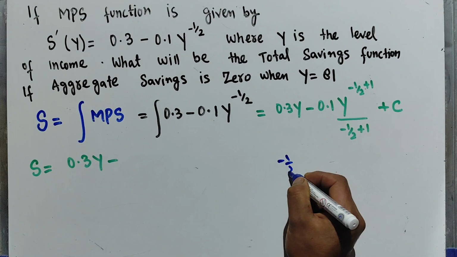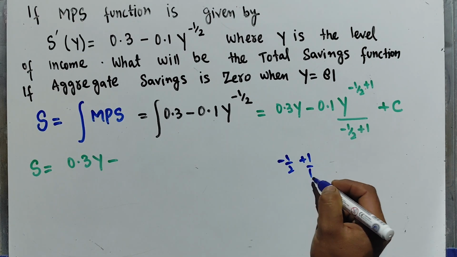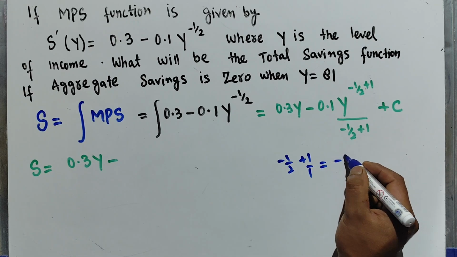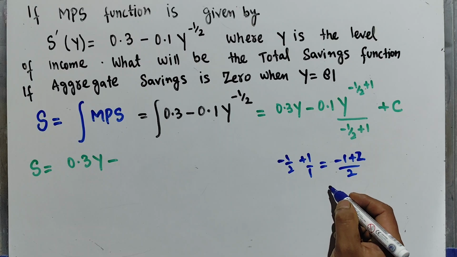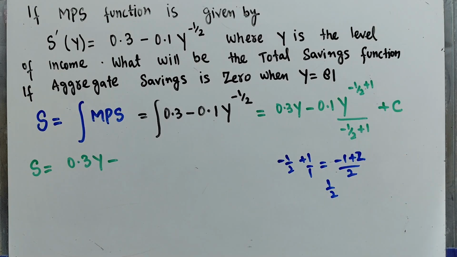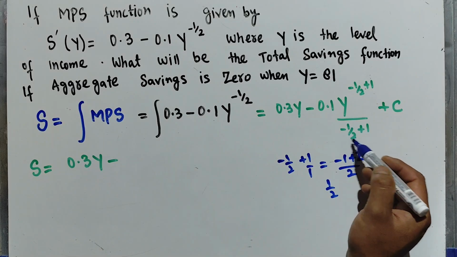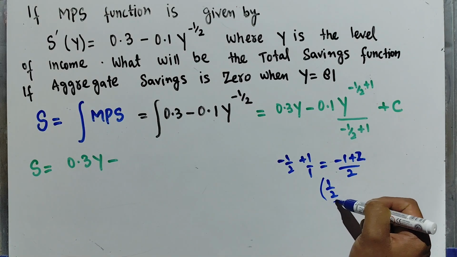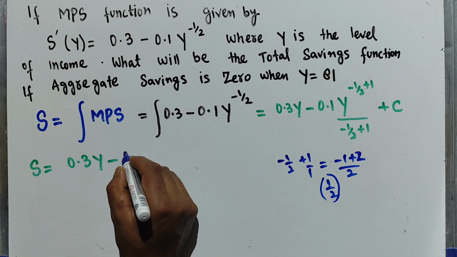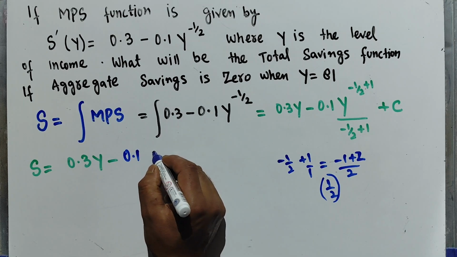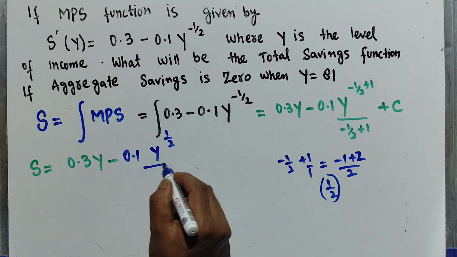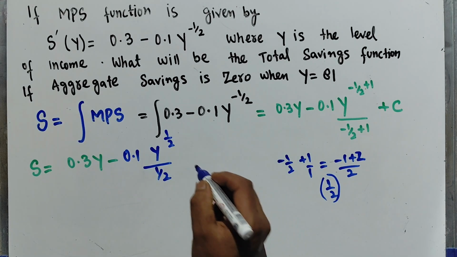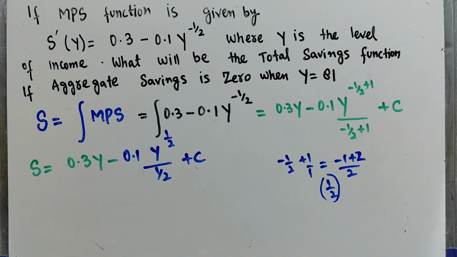We have minus 1/2 plus 1, which is equal to (minus 1 plus 2) divided by 2, so this is equal to 1/2. So our exponent is 1/2, and the denominator will also be 1/2. So we can rewrite it as 0.1 y raised to the power 1/2 divided by 1/2, plus the constant of integration.